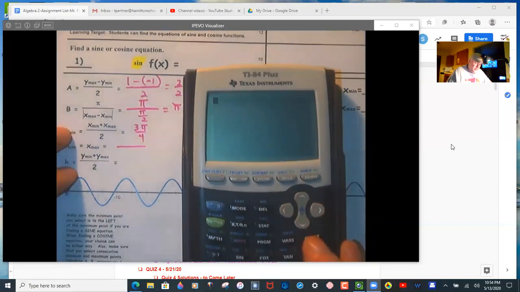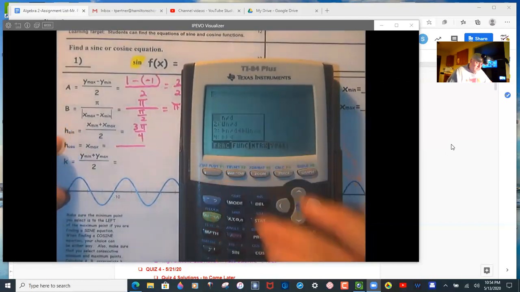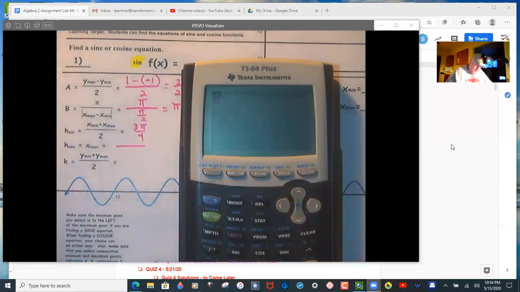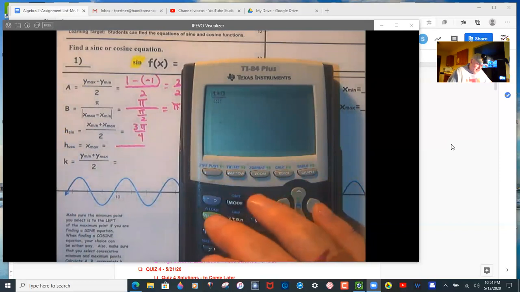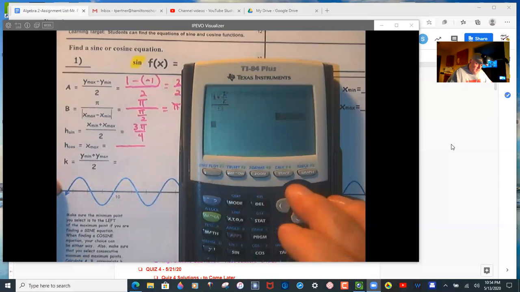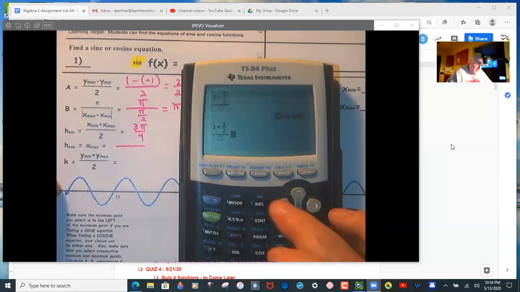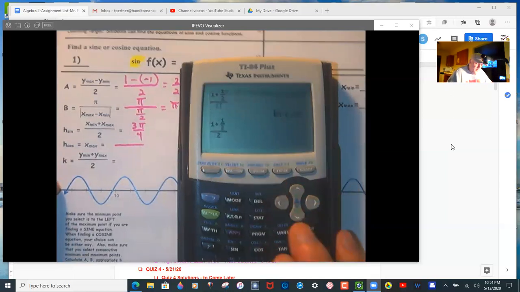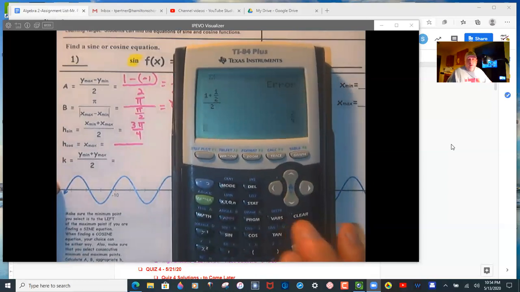So, all right, I will show it once. So you have 1 plus 1/2, or you could say 1.5. Whoops. I even messed that up. Over 2.